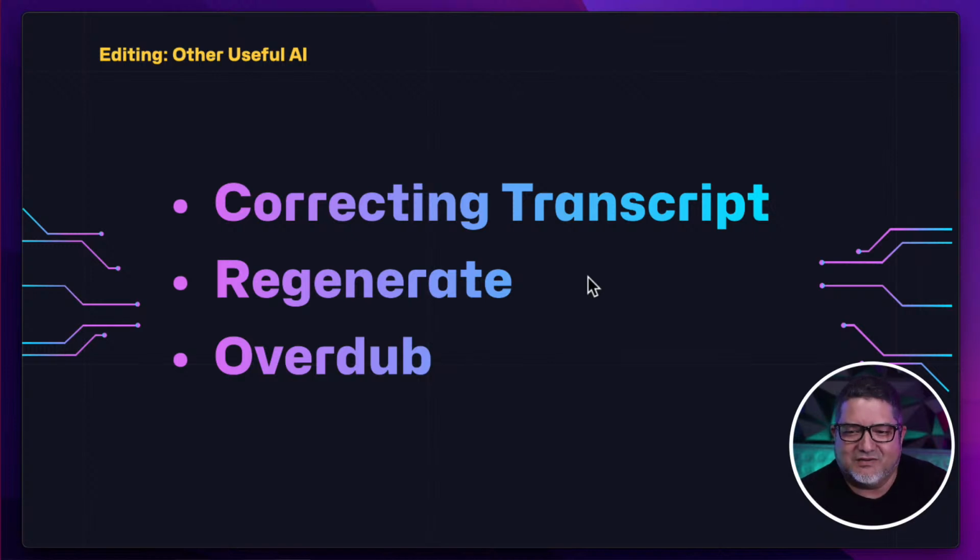So if you have a piece of audio where it says the context size is eight, it used to be 32K, but now it's 8K. So you can literally just retype those words in, and it will create a piece of audio for you that sounds exactly like you. It is really good. It sounds exactly like me. So that's overdub, and I think that's all the AI features.